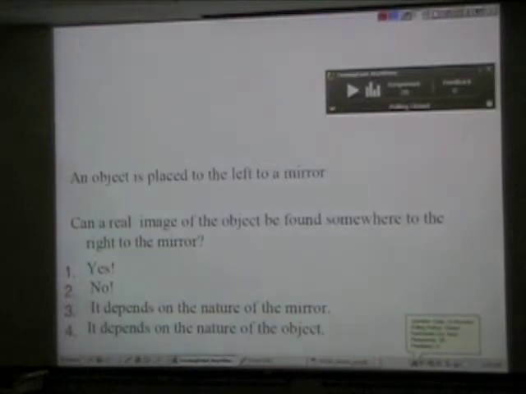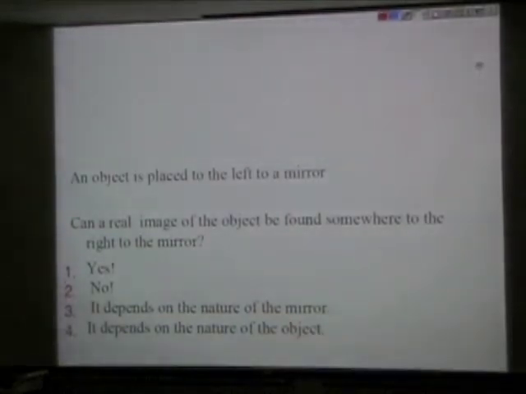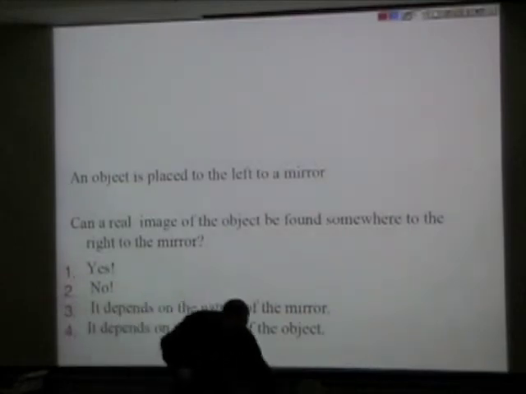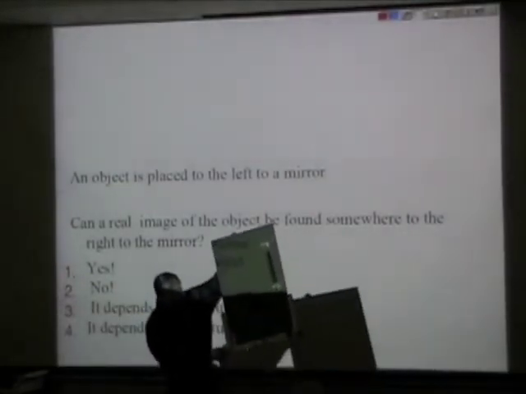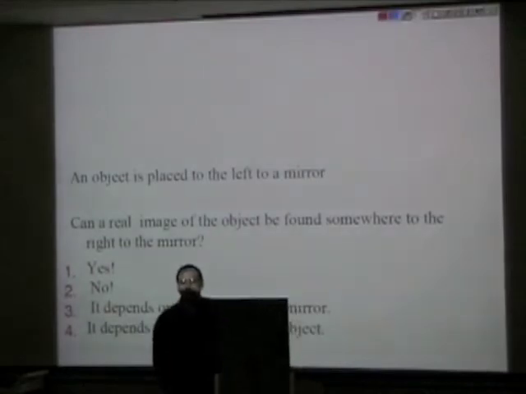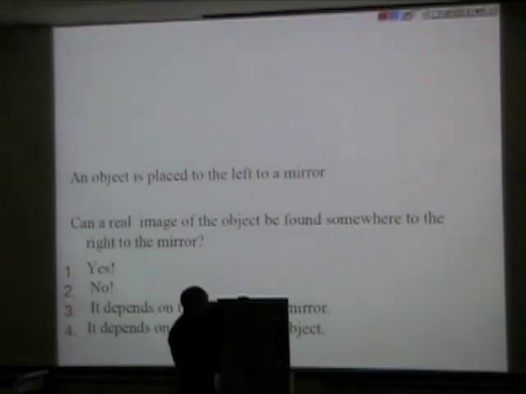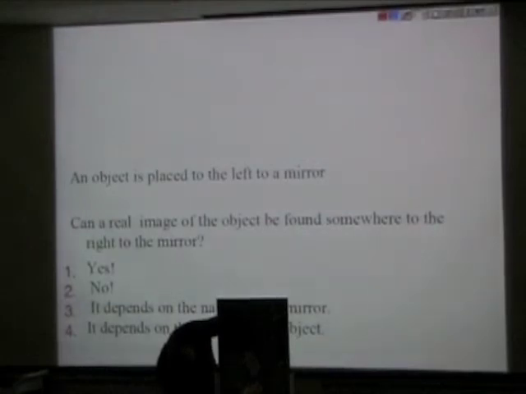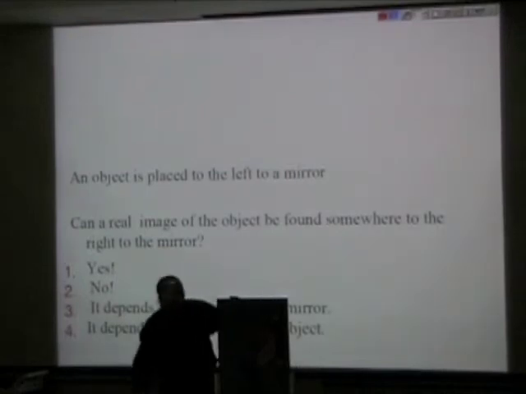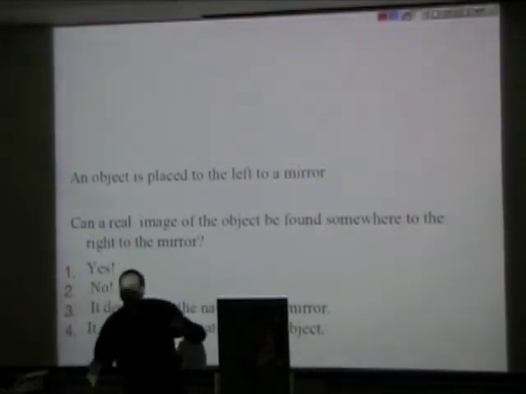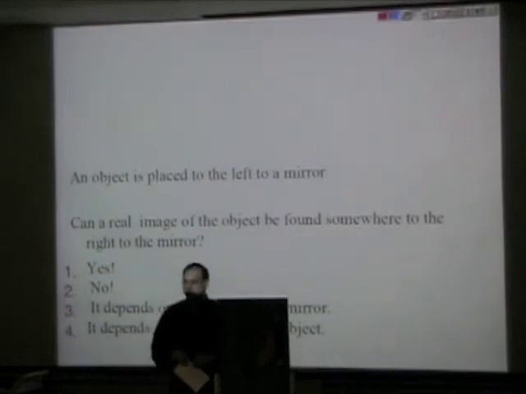Because, first of all, what is a real image? Again, let's take a look at this example. A real image, by definition, is an image which is formed by actual light rays. So the location of a real image can be only where actual light rays are present. So if I want to see a real image, I don't need, in general, to use my eye.